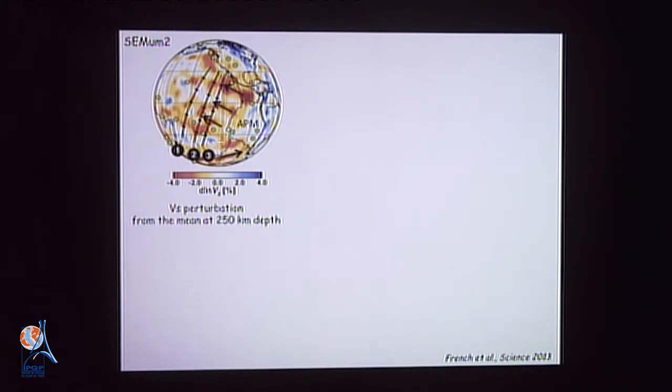And just to mention that these directions of absolute plate motions do not correspond to the directions of paths that we have across the Pacific, so this is not an artifact of the path distribution.